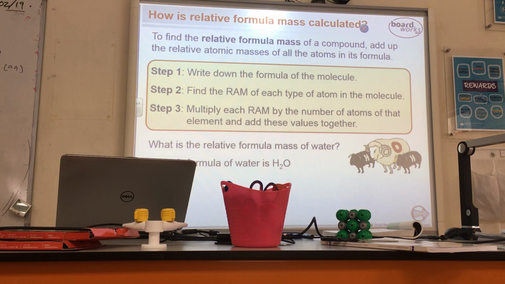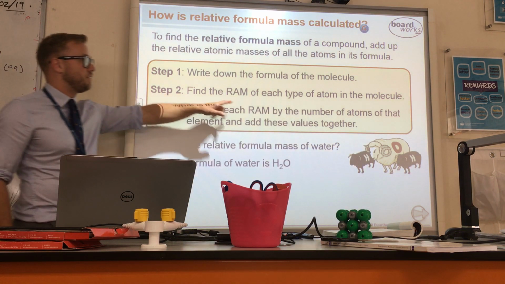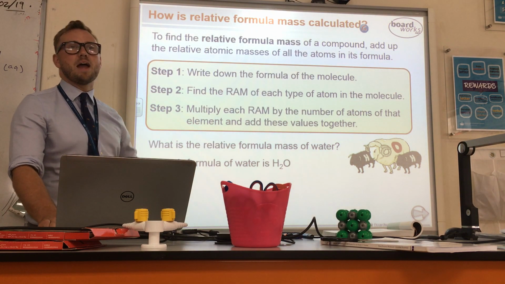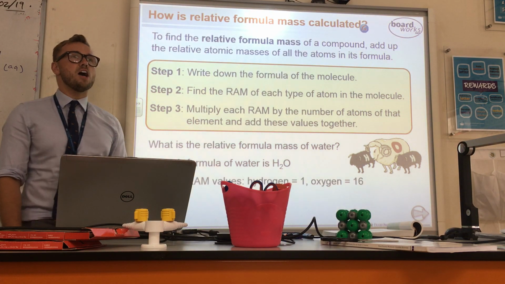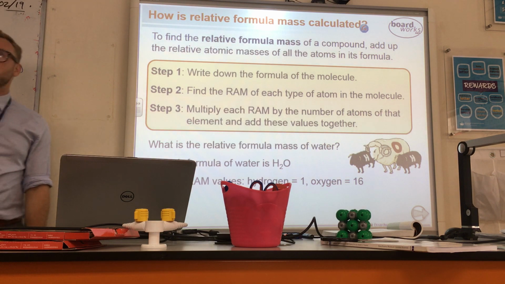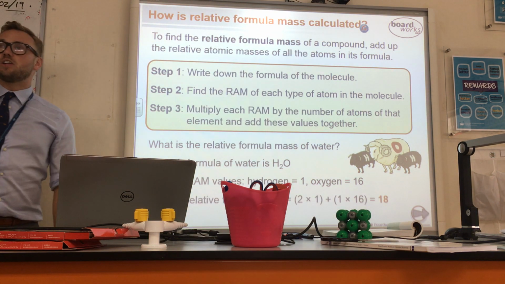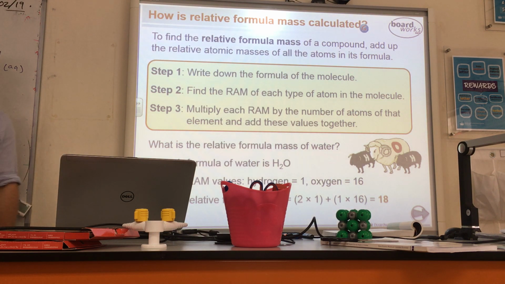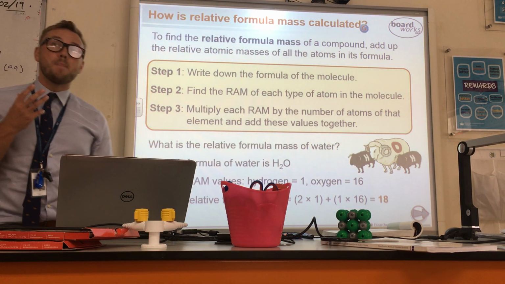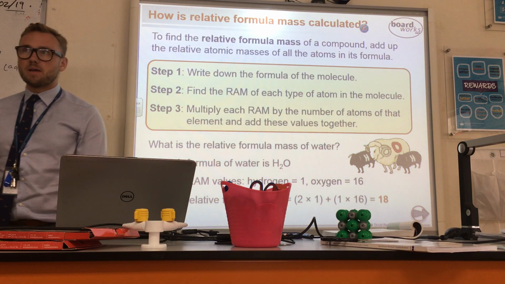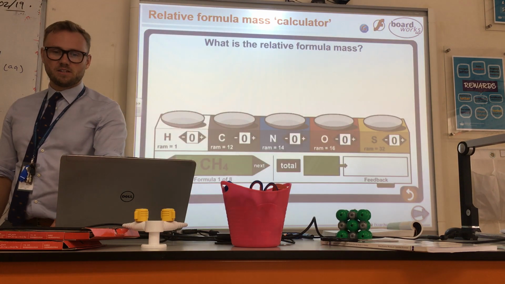Well, what we have to do is find the relative atomic mass of each atom and add them together. So, hydrogen is 1 from the periodic table, oxygen is 16, add them together, and obviously we've got 2 1s, that is going to make 18 overall. So a molecule of water weighs 18 atomic mass units. Remember this? Yes? Easy.